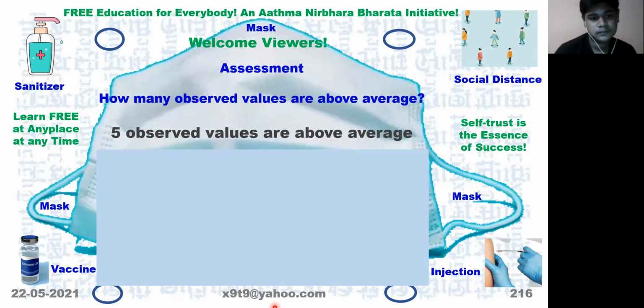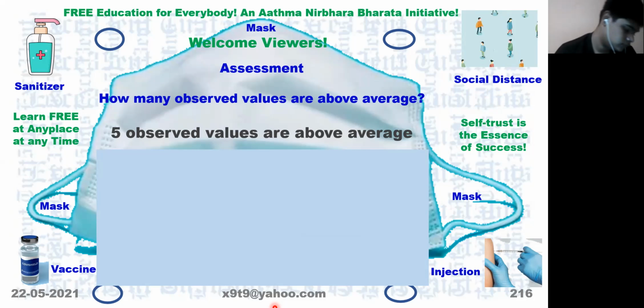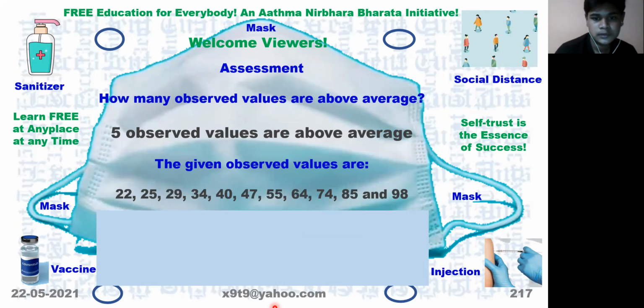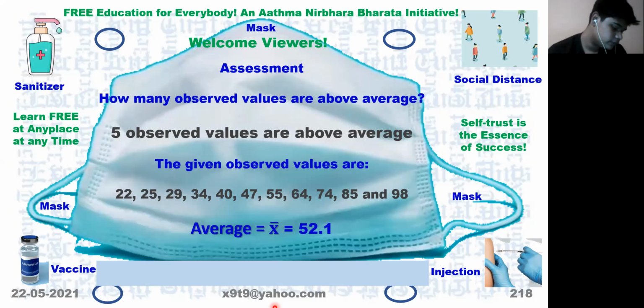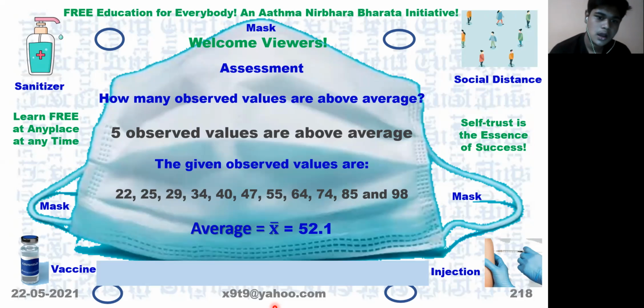Now, how many are there which are below the average value? 5, sir. Below 52.1 is 47, 40, 34, 29, 25, 22.